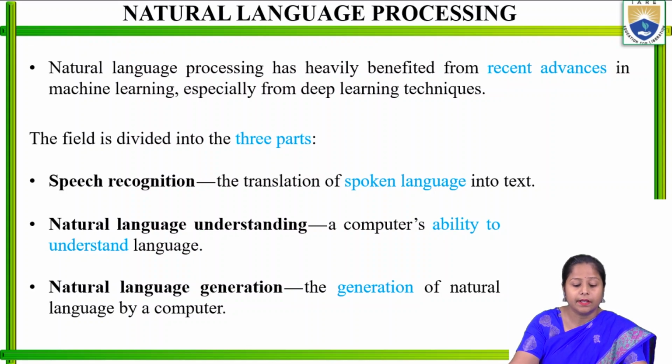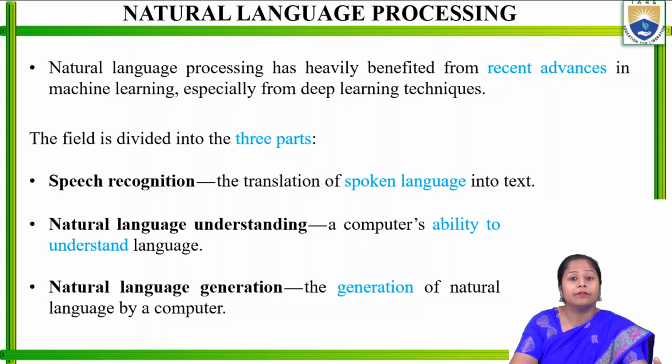The second field is natural language understanding. Natural language understanding is based on a computer's ability to understand the different natural languages. So there are two types of parts of NLP. In the first, the understanding will be there with the computer system.